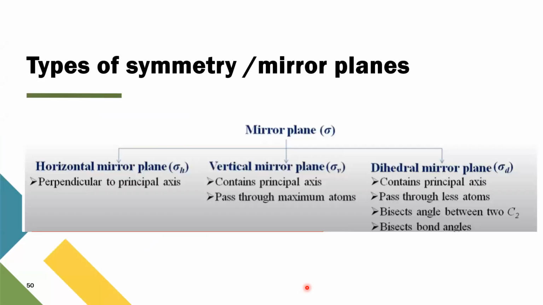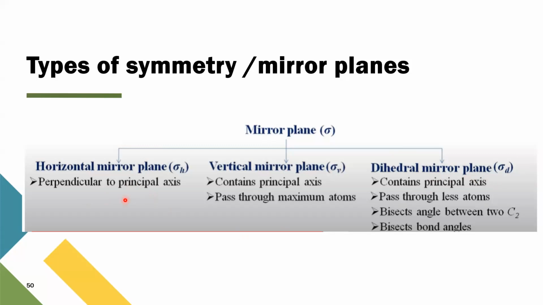So there are three types of mirror planes: horizontal mirror plane, vertical mirror plane, and dihedral mirror plane. The horizontal mirror plane is denoted by sigma h, the vertical mirror plane sigma v, and the dihedral mirror plane sigma d. The horizontal mirror plane is perpendicular to the principal axis.